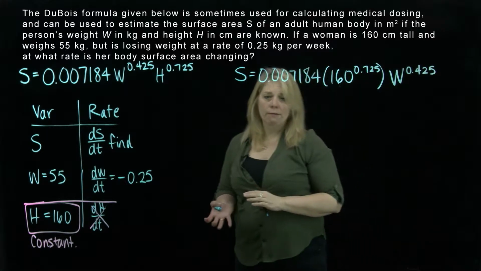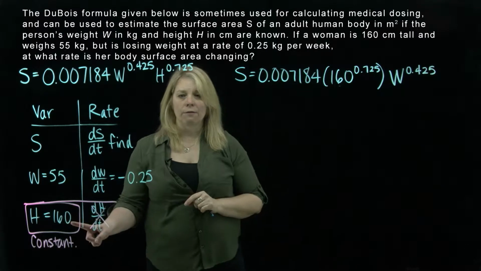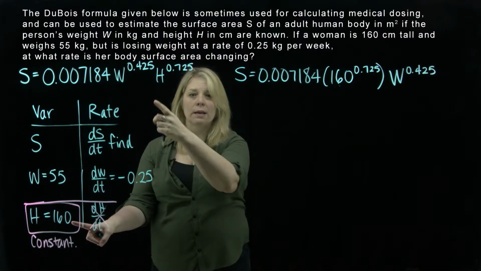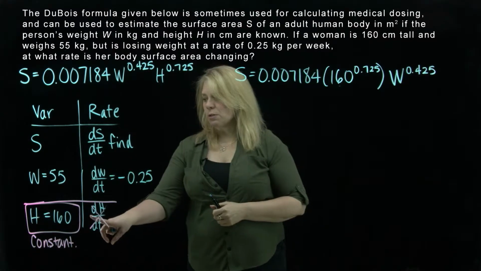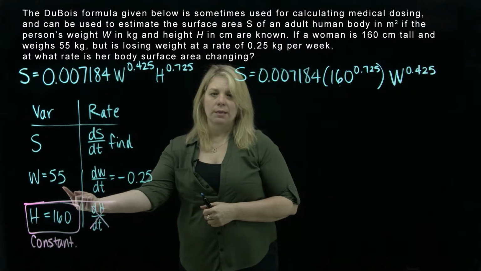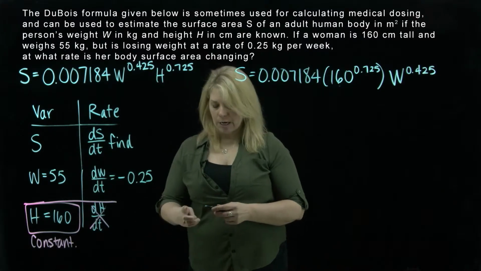So you want to be careful when you do that, that you only do that if your letter is constant and not changing in the problem. A common mistake is that sometimes students will put in numbers for everything before they take the derivative, but you can't do that for things that are changing.